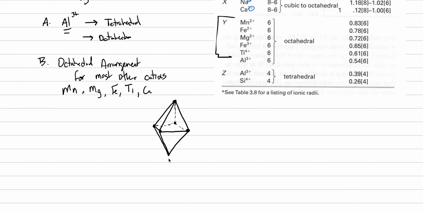Those 6 corners are each oxygen 2 minus, and then sitting here in the middle is going to be our cation. Magnesium, iron, etc. So when we get towards building mineral blocks, we talk a lot of times about T and O. When we're talking about mineral structure, T stands for tetrahedral and O stands for octahedral, as quick shorthands instead of having to draw all these triangles again and again like we did today.